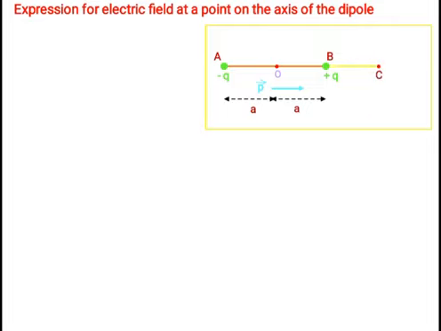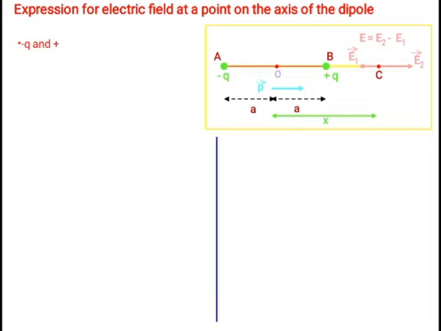Then C is a point on the same axis of the dipole AB, an imaginary positive charge which will not affect the entire system. The magnitude is negligible. x is the distance from O to C. E1 is the electric field from C to A, and E2 is the electric field between point B and C. So E is equal to E2 minus E1.